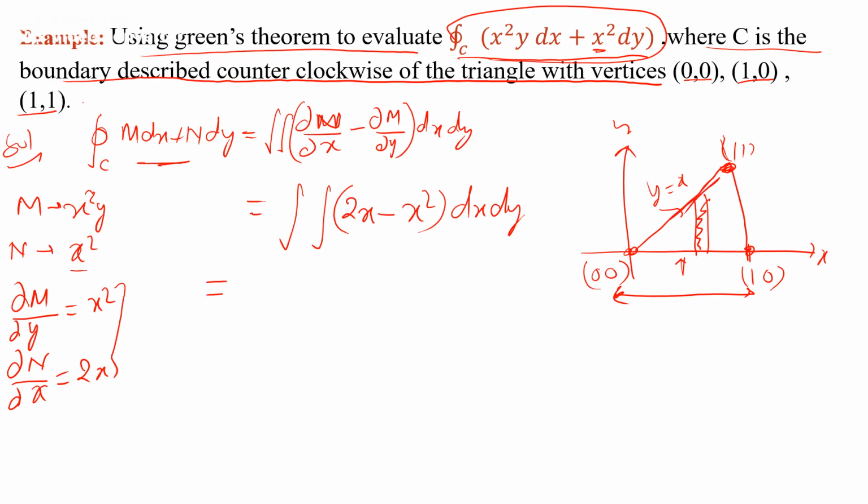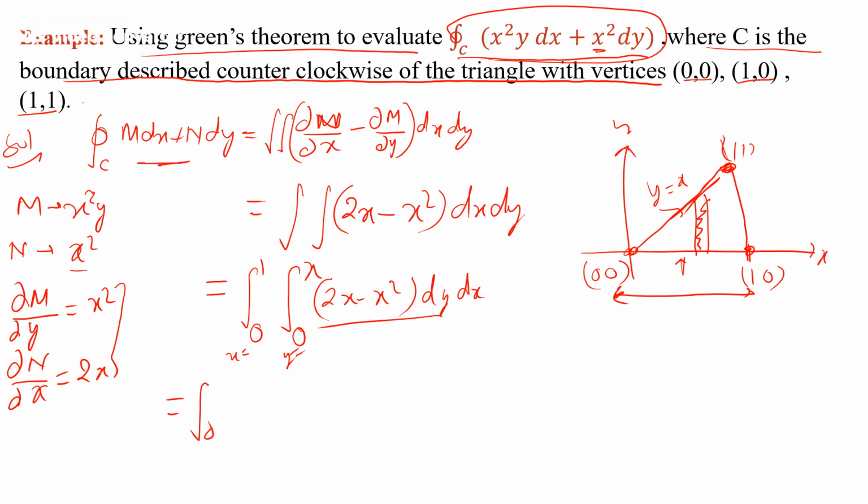So the limit of x is 0 to 1 and the limit of y is 0 to x. That's the limit of y and that's the limit of x. The integrand is 2x minus x square dy dx. First we integrate with respect to y, then x.